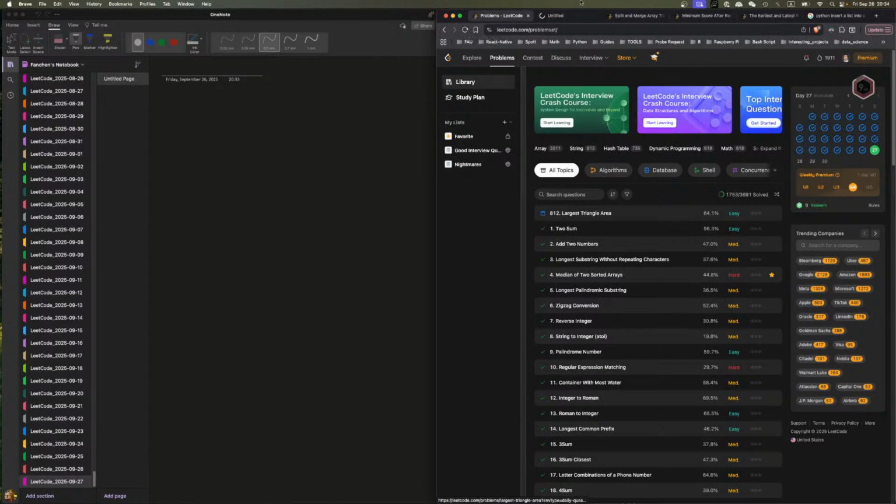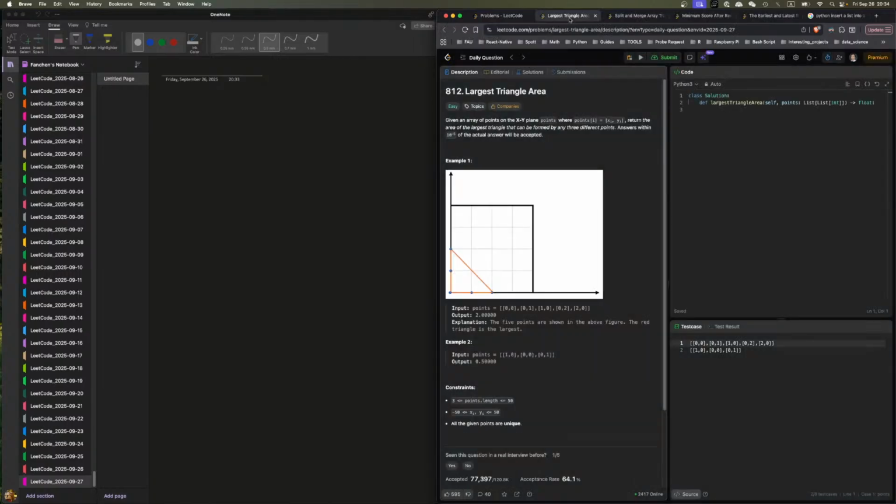Largest triangle area. Given an array of points on the xy plane where points[i] = [xi, yi], return the area of the largest triangle that can be formed by any three different points. Answer within... okay, where points, so I have these points.